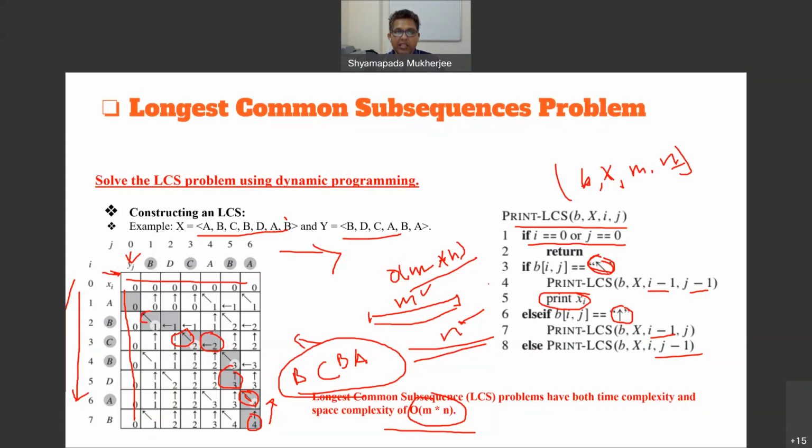Memoization is a recursive procedure, but it doesn't solve the same problem again and again. It stores the value in a table. They are similar in time complexity, but the memoization technique is top down and dynamic programming is bottom up.